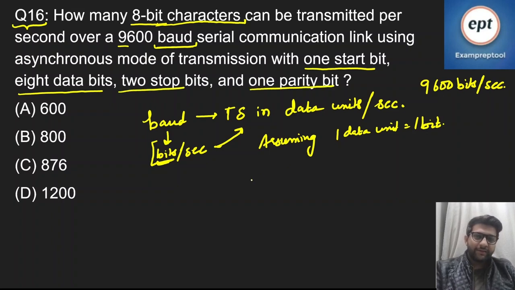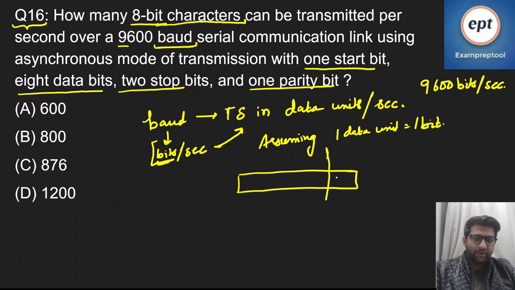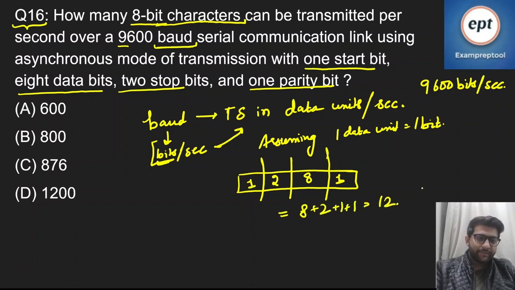That is 8 plus 2 plus 1 plus 1, which is 12. That means 12 bits per character will be transferred.